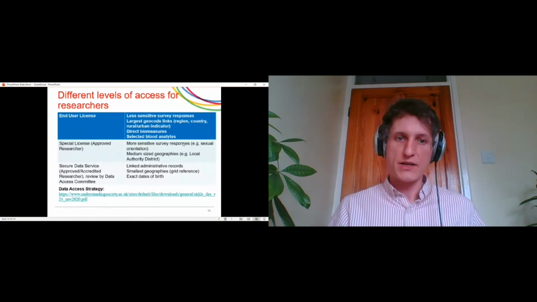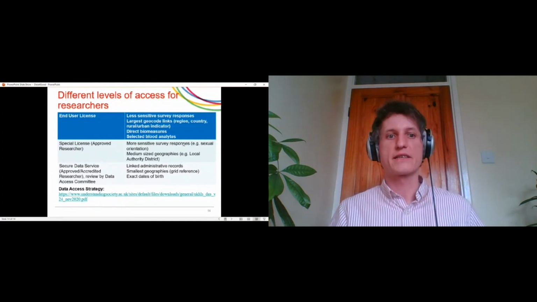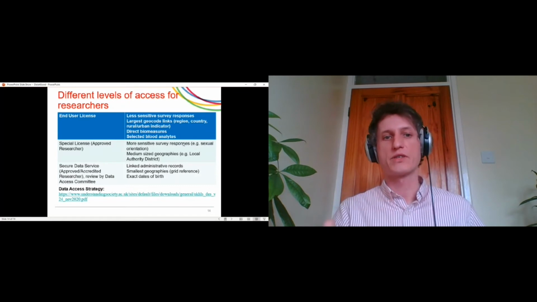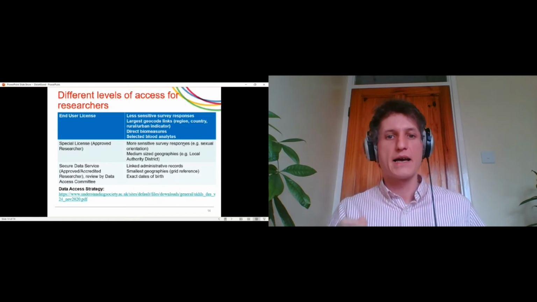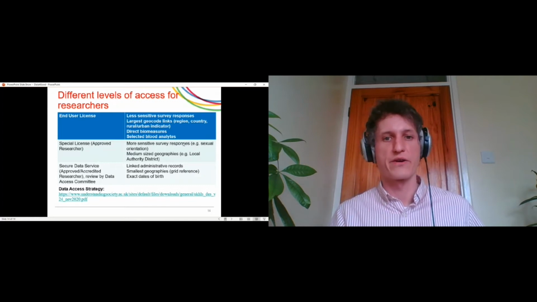What you get in the end user license is quite simple. You just need to register with the UK Data Service, accept the terms of the end user license, and you can download it almost straight away. For most researchers that's enough, because it contains the absolute majority of variables.